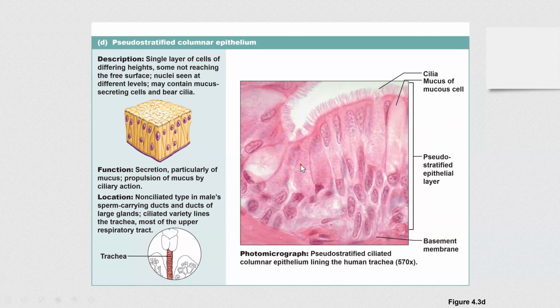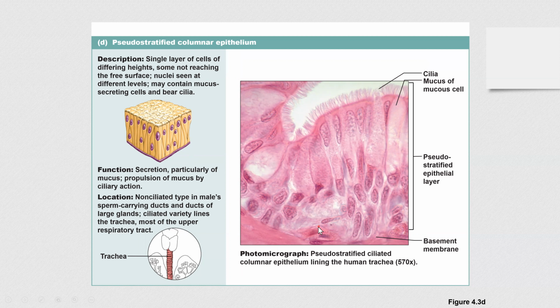Next epithelium is pseudostratified columnar. Now, if you look at the histology slide, it does look like it has one, two, three, maybe four layers. And it's hard to see that every single cell is touching the membrane, but you just need to be familiar with this type of epithelium and be able to identify it.